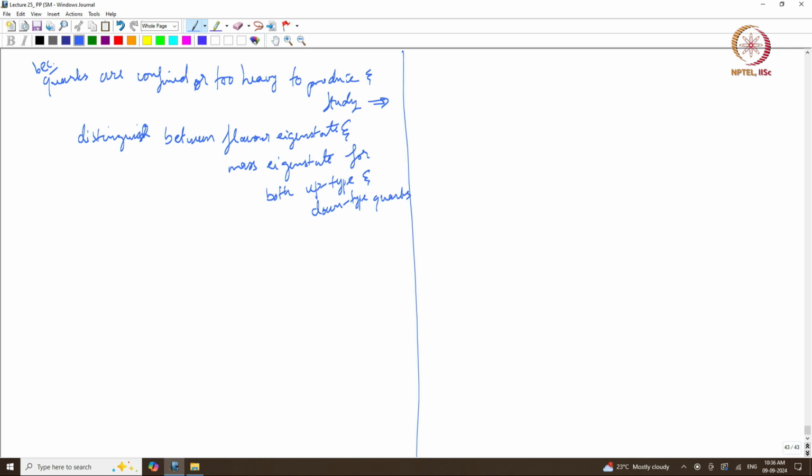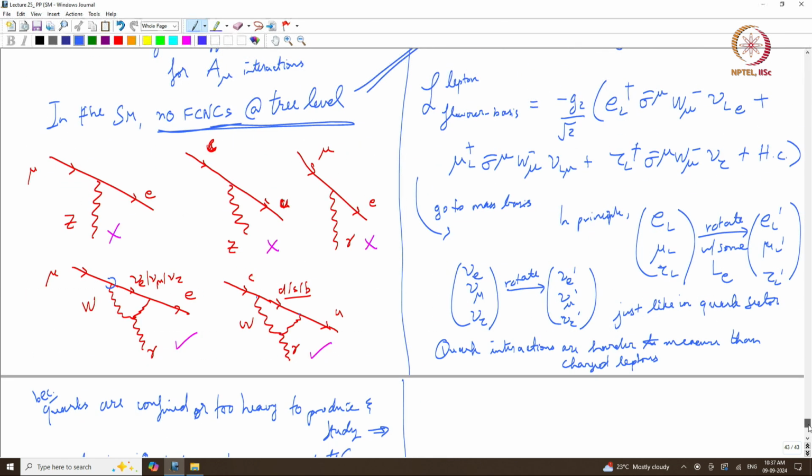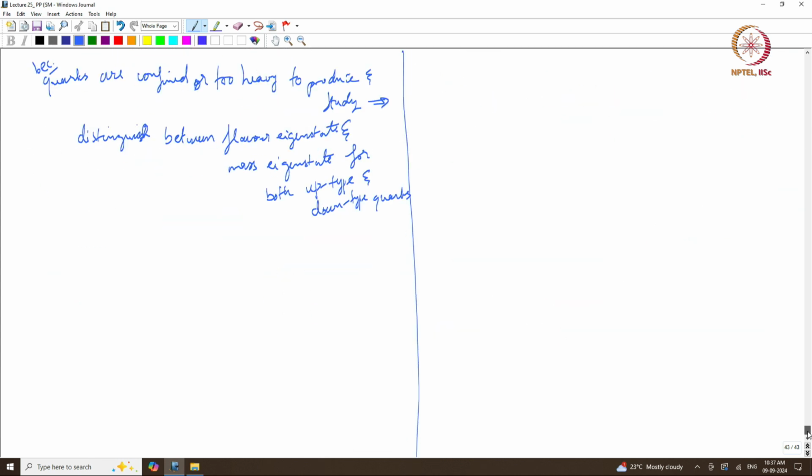But we do not actually have such a difficulty for charged leptons. What you see as what interacts as the electron is literally also what you would take as the mass eigenstate. Why? Because electrons and muons and tauons can be free. So, let me write down: no such difficulty for charged leptons.